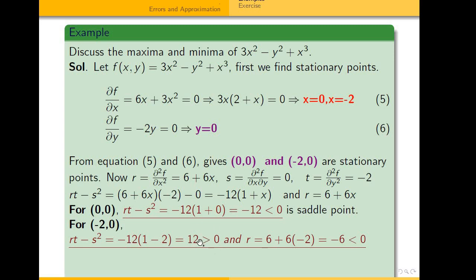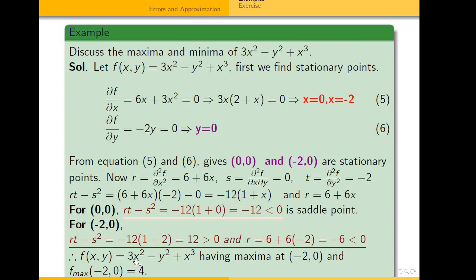If this is greater than 0, then we have to check r. r is equal to 6 plus 6x, and with x equal to minus 2, this is minus 6, which is less than 0. Here rt minus s square is greater than 0 and r is less than 0, which means the function has a maximum at the point minus 2 comma 0.